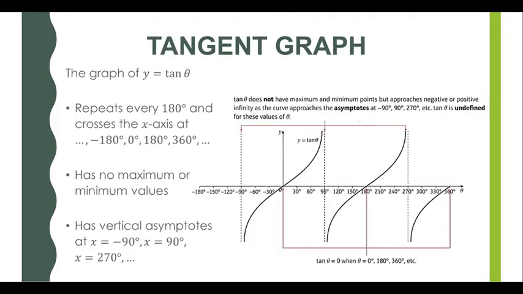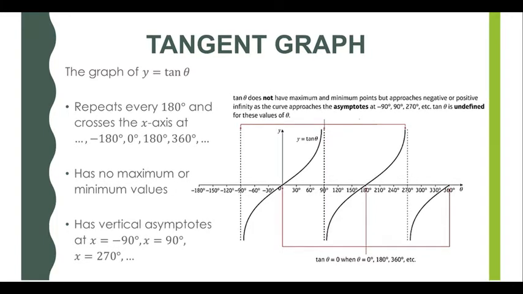The graph of tan is completely different. However, it does repeat itself every 180 degrees. So this part of the graph repeats itself again every 180 degrees, and it just continues indefinitely.